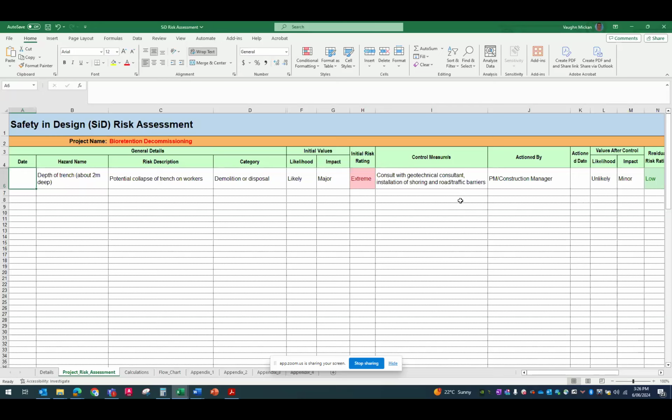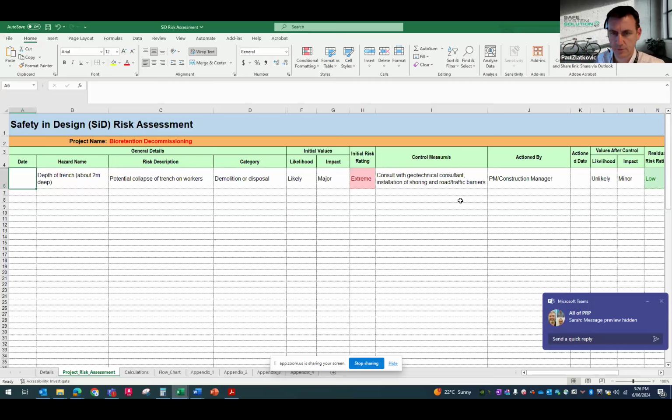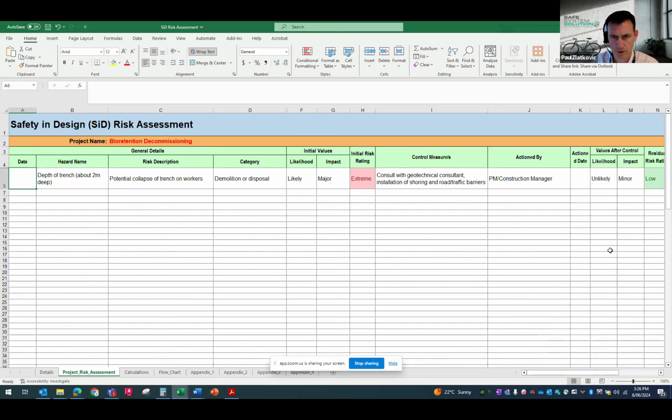There's still a chance that something could happen, but it's very unlikely. And the impact would be minor to the workers in that case. So that might limit the collapse of the trench with that shoring in place. It could be some sort of collapse of part of some debris that gets dislodged.